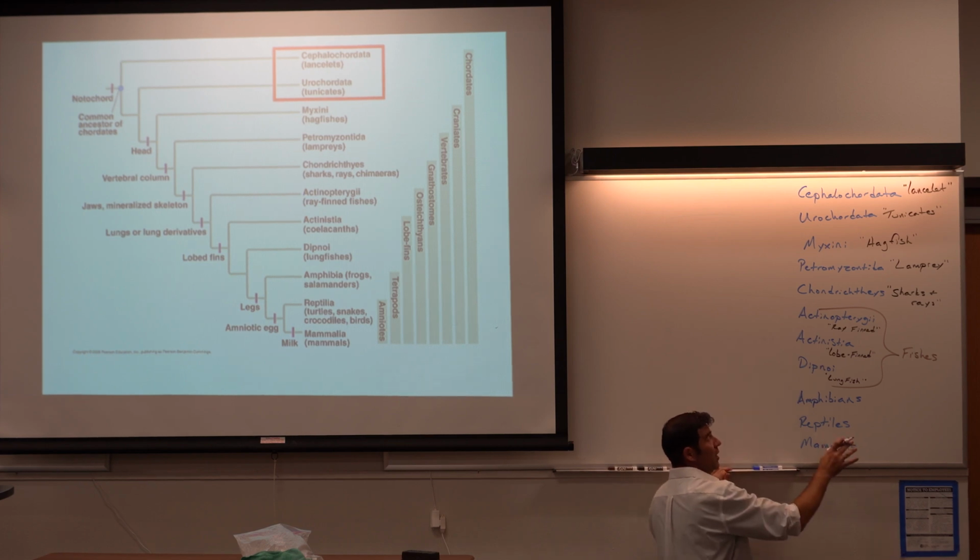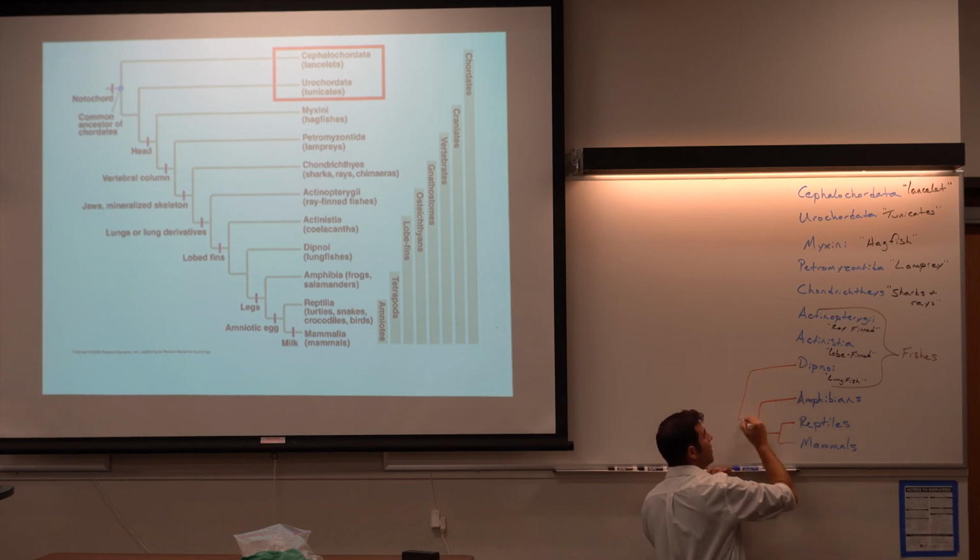Just to show the evolutionary relationships between these groups, now that we have them listed, we can start here at the bottom and show that reptiles and mammals share a recent common ancestor. Then we're going to bracket together the amphibians to the reptiles and mammals.